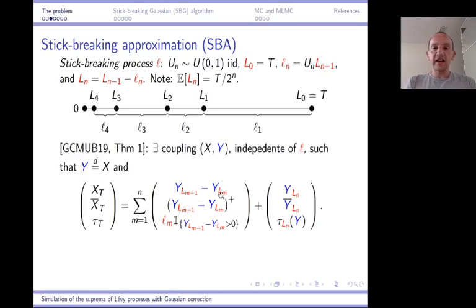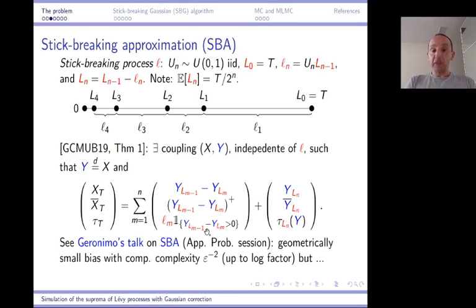This main term will take up most of the action and is a very simple function of the increments of the process y over the stick-breaking lengths. For example, for the supremum, I just need to add up the positive parts of these increments, a few increments, I think 10 or something like that. And for the time of the supremum, I just add up the stick lengths where the increments were positive.